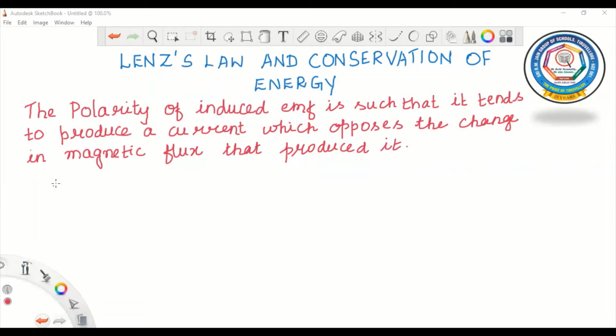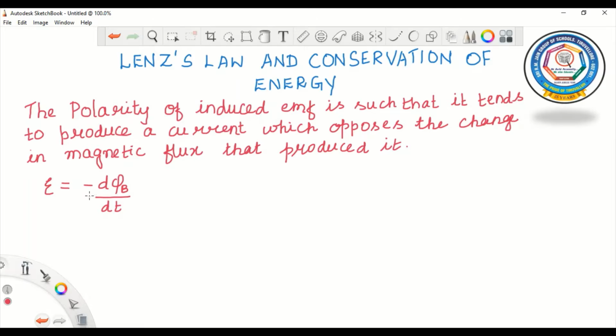According to Faraday's law, the magnitude of the induced EMF is equal to minus d phi B by dt, so the time rate of change of magnetic flux. Here, what is the significance of this negative sign? Actually, this negative sign represents this effect.